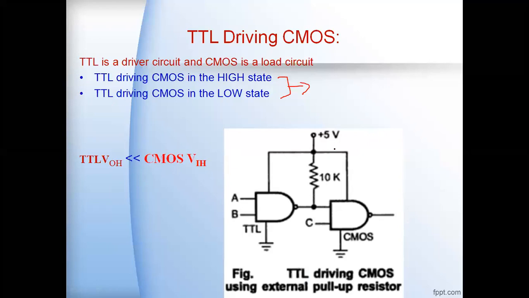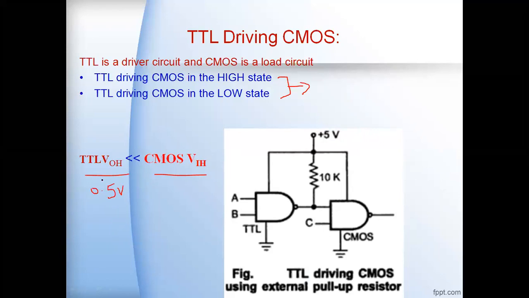We have seen in our earlier slides also that the voltage levels are different for the CMOS and TTL logic families. What is the maximum TTL output low voltage? It is 0.5 volts here, isn't it? Right. So for CMOS, what is the VIL?